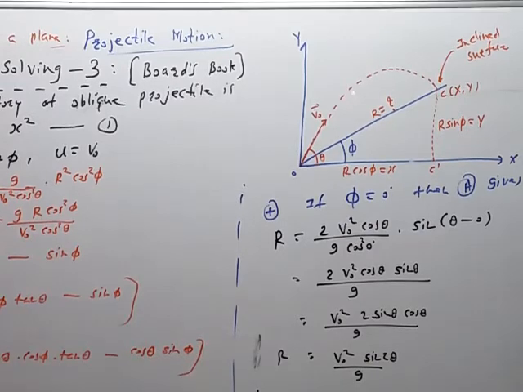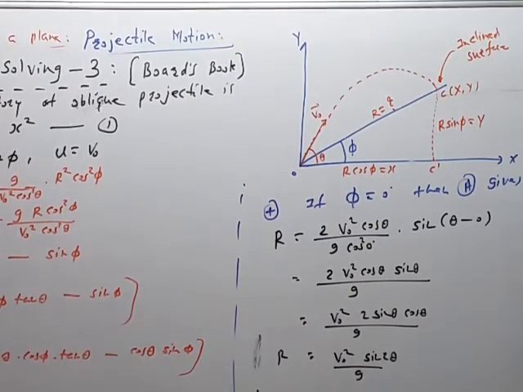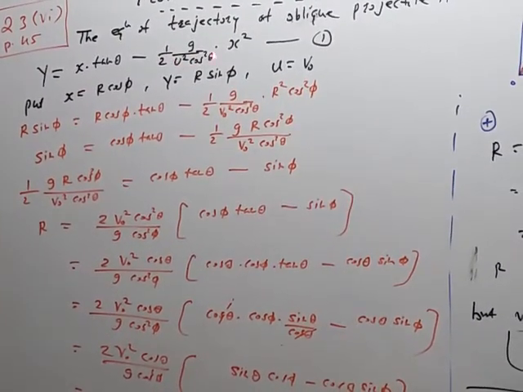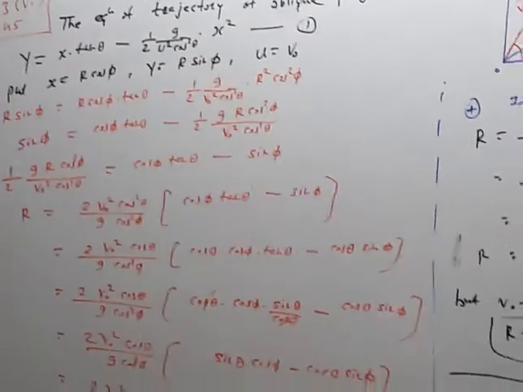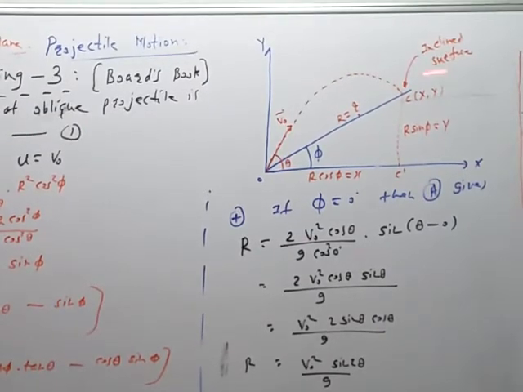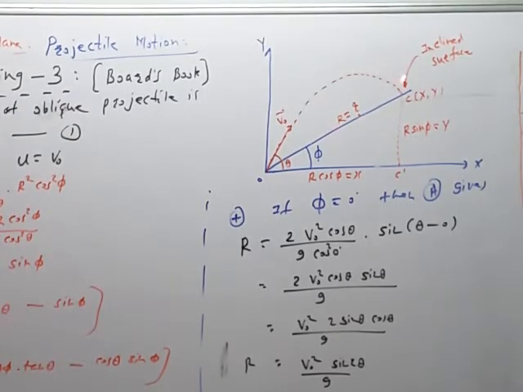So where to find this R? R will be less than this range on the horizontal surface, and it is calculated like this. So the equation of the projectile motion, we know that y is equal to x tan theta minus 1 half g upon u square cos square theta into x square. So in this figure, if we consider the coordinate of the point C, point of returning on the inclined plane, as x and y, then from this triangle OCC dash, this is the right angle triangle.